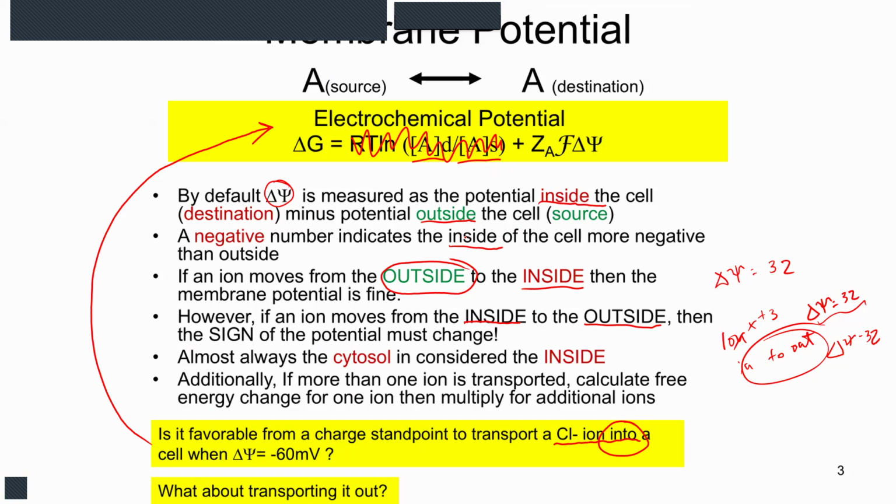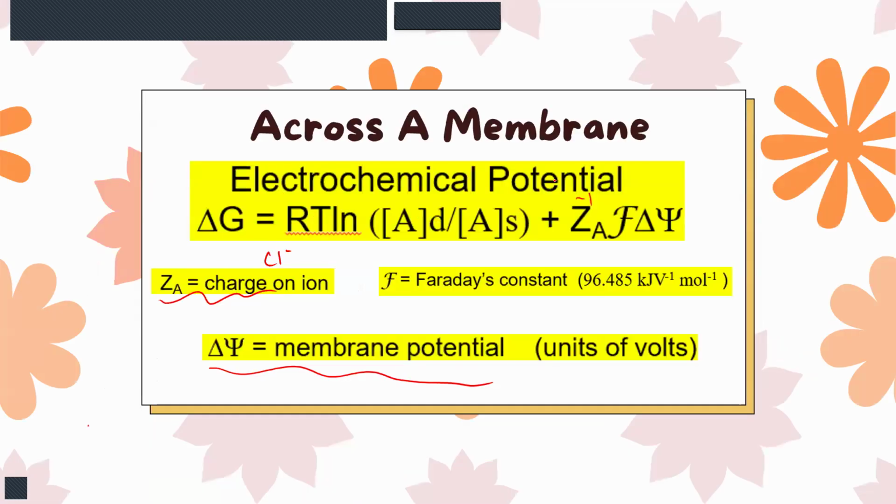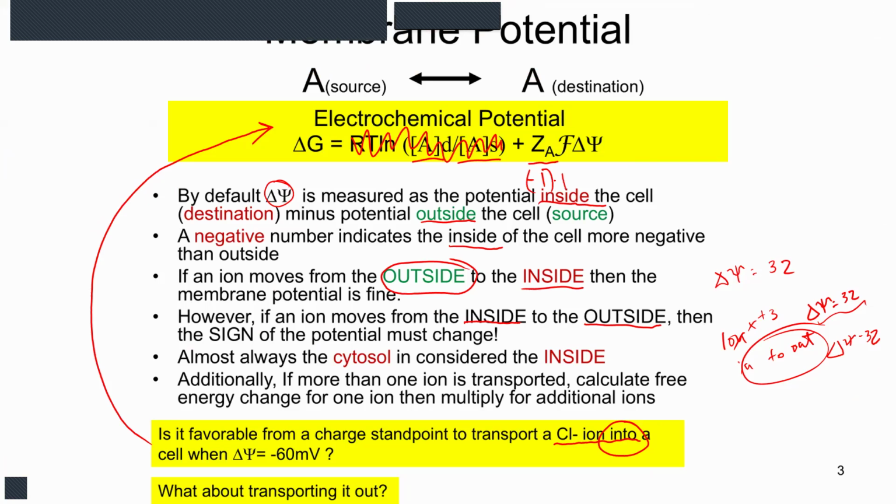Instead, we're taking a chloride ion, -1. Faraday's constant, I'm just going to plug that in as 1. It's provided here, 96.485 kilojoules per volt mole, but for the purposes of this calculation, we don't really even need to think about that because we're asked kind of a binary question. Is it favorable? Yes or no?